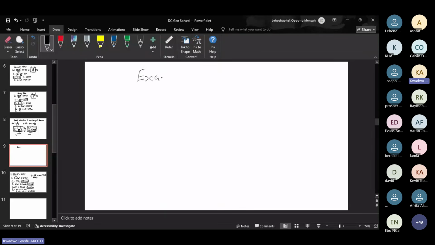We know that at start, the speed is zero, so the back EMF E is equal to 0. So V is equal to IA RT, where RT is equal to our armature resistance plus any series resistance we add to limit the armature current.